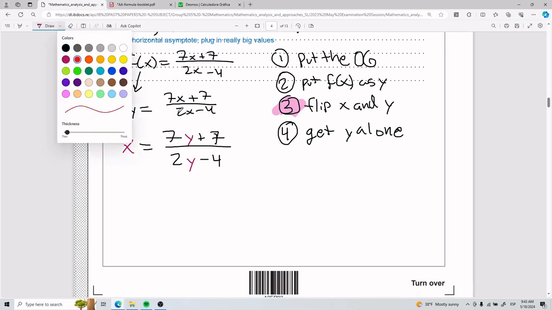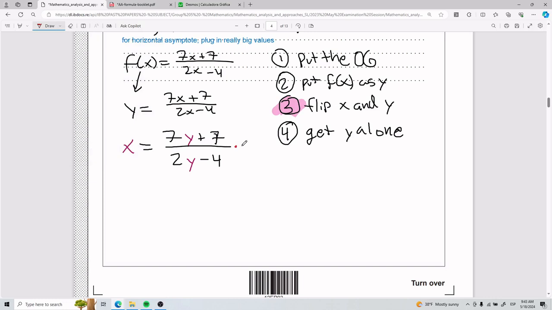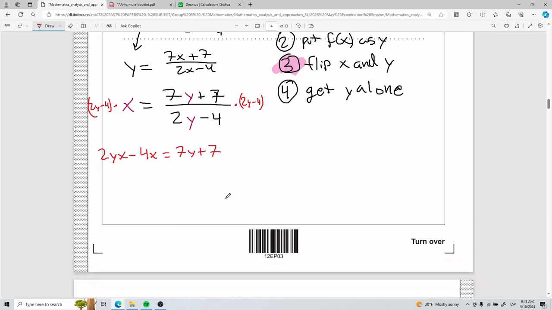well, again, because it's a fraction, I highly suggest that you multiply both sides like this. And so this first step of multiplying is usually going to be like that. So on the left side, you end up with 2yx minus 4x equals 7y plus 7. Now, because our mission is to get y alone, put all the y's on one side.